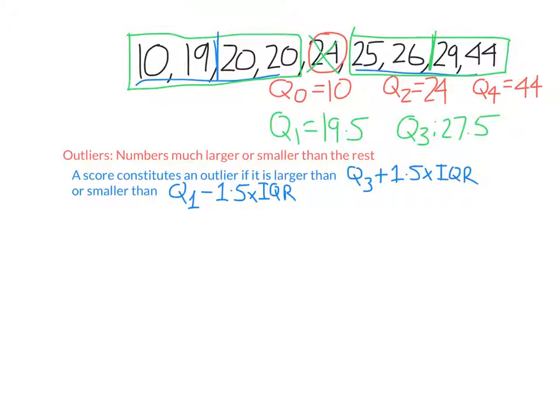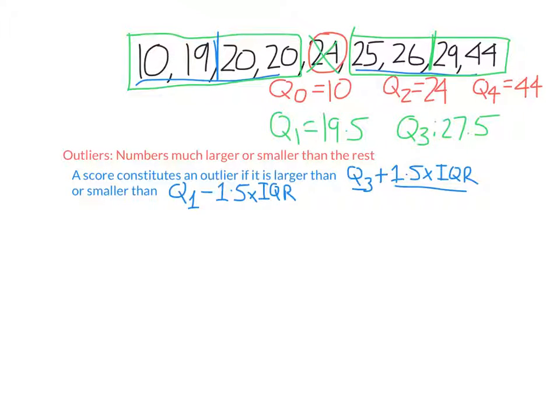From a common sense point of view, we probably think 44 is an outlier, but we're going to definitively determine that.